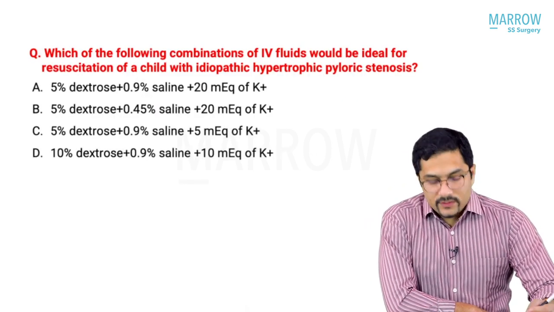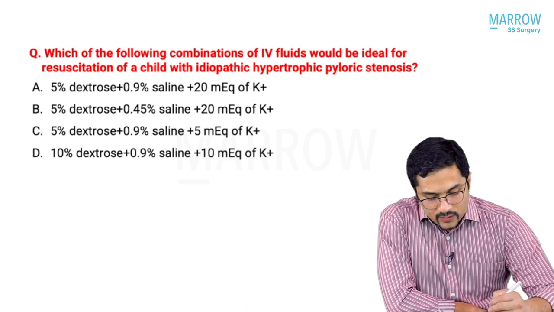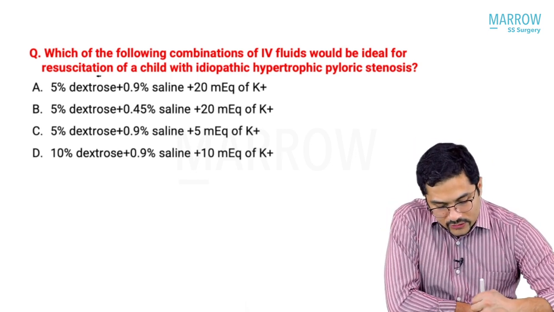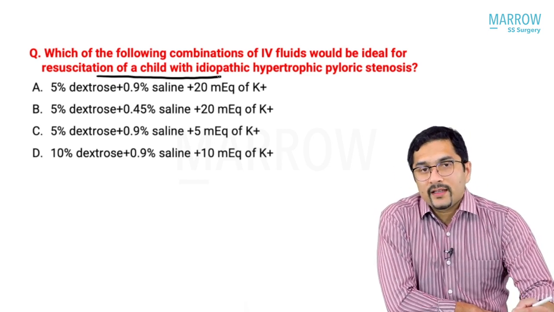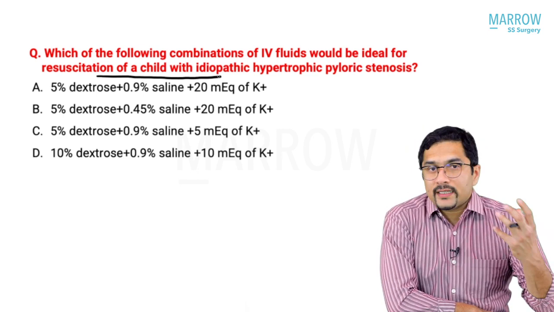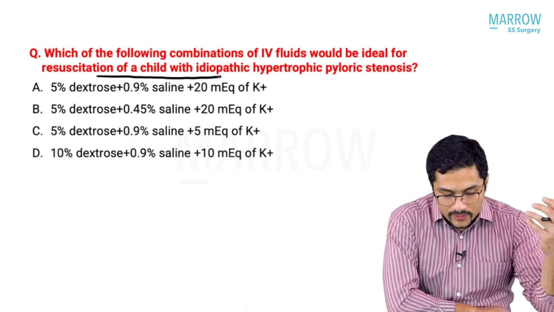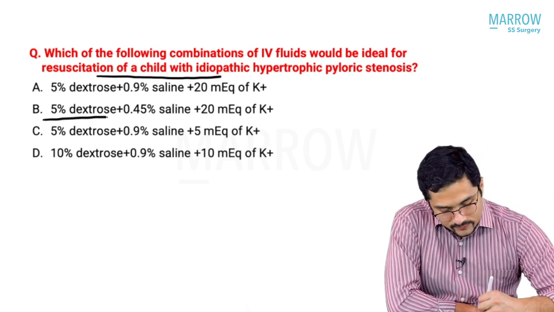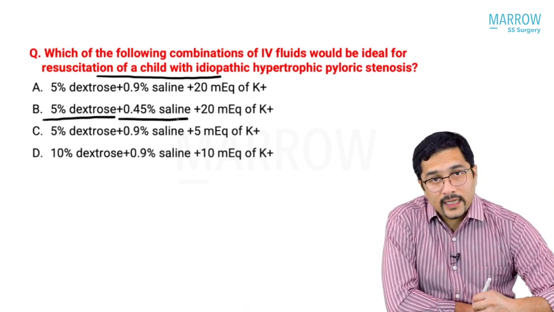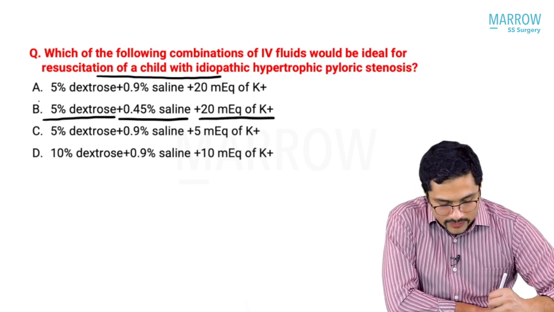Now, another question which was asked was, which of the following combinations of IV fluids would be ideal for resuscitation of a child with idiopathic hypertrophic pyloric stenosis? Like I just told you, it is N/2 normal saline with dextrose with potassium. So, it is going to be 5% dextrose, 0.45% saline because it is N/2, with 20 milliequivalents of potassium.